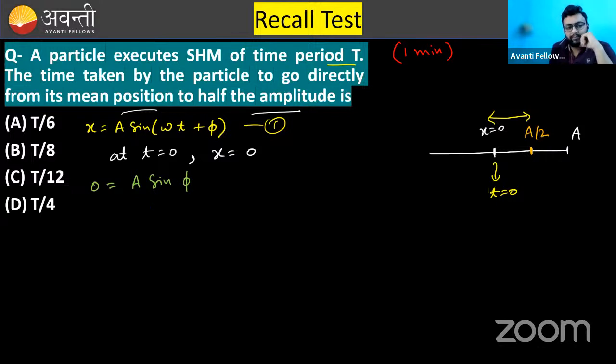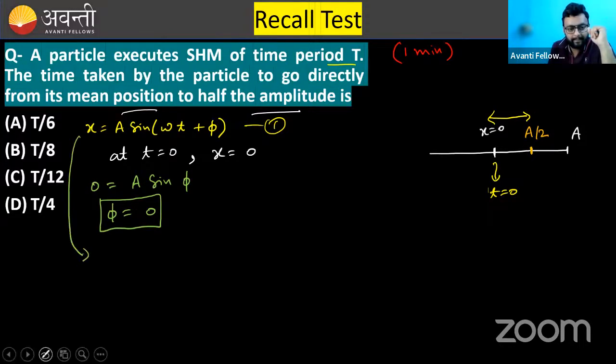So can you see that from this relation, sine phi is 0? That means phi is equals to 0. So what we got, what is phi? Phi is 0. So the equation will become x is equals to a sine omega t.